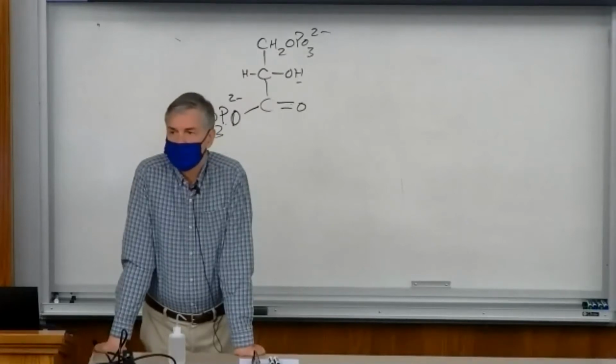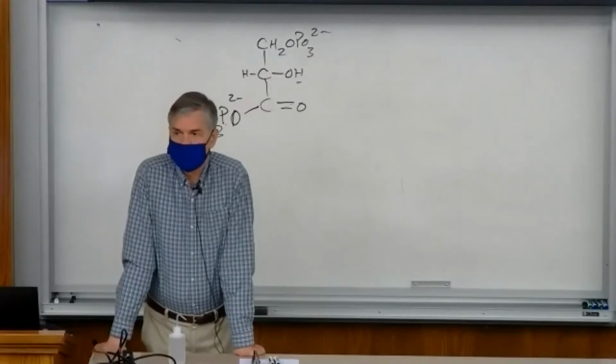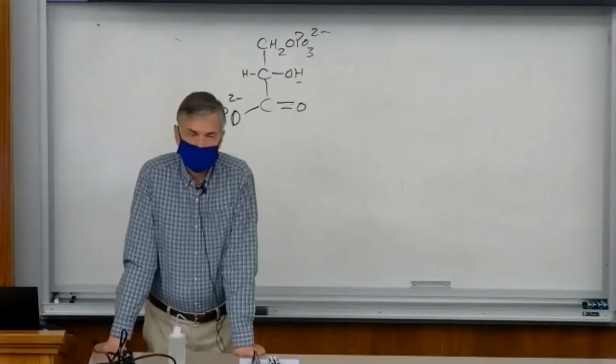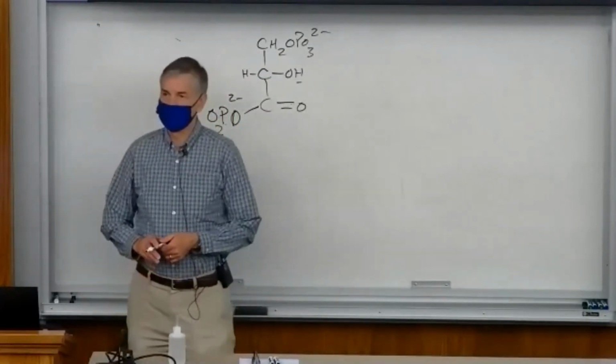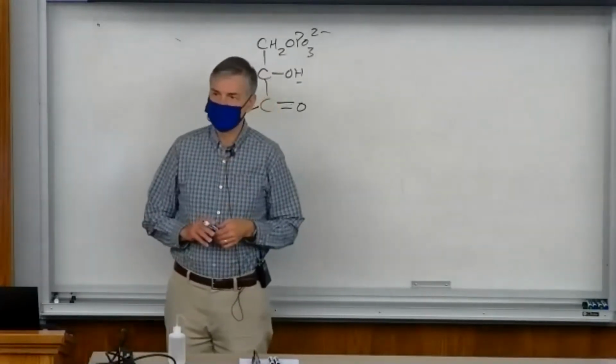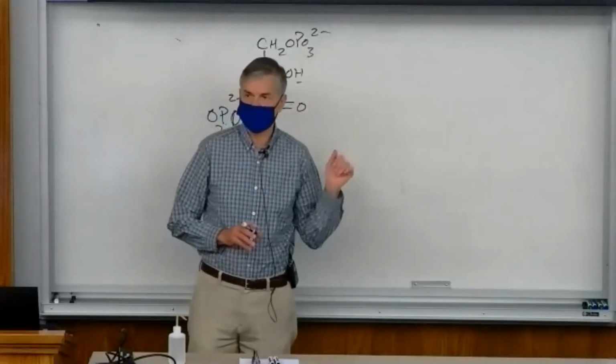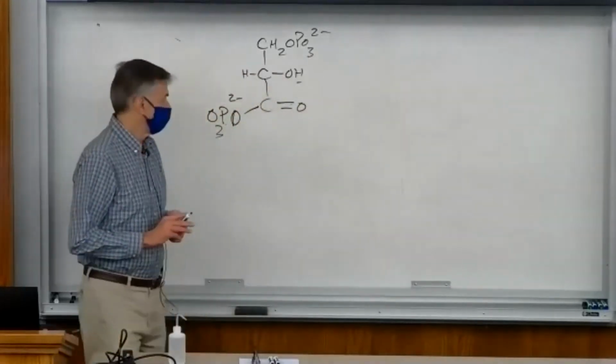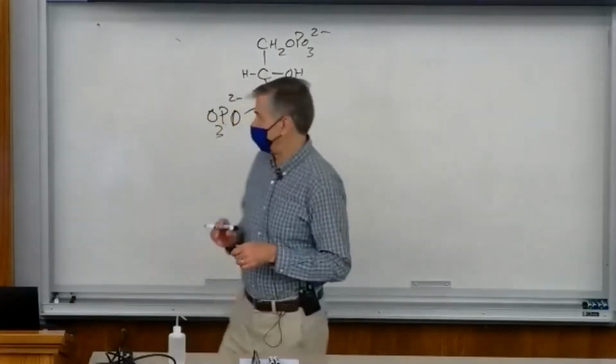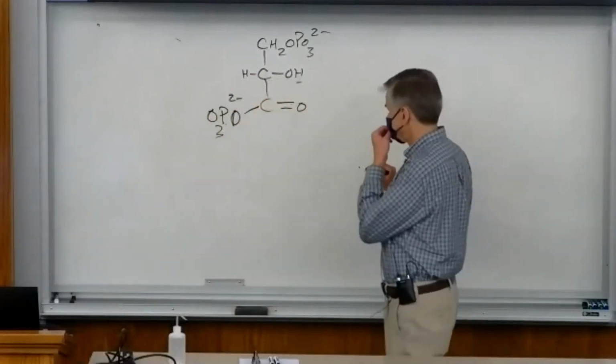And that's the only oxidation reduction reaction we have in glycolysis. Yeah. When we get to the citric acid cycle, you'll have lots of oxidation reductions, but in glycolysis, this is the only step that represents a redox reaction. Okay.